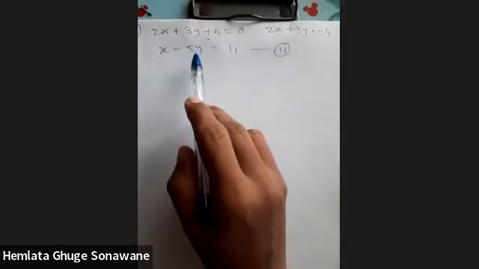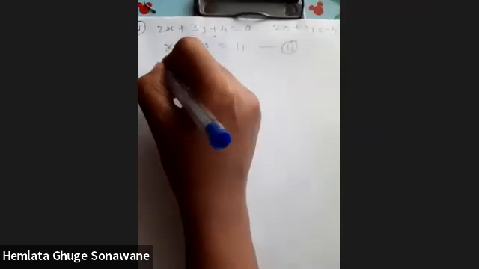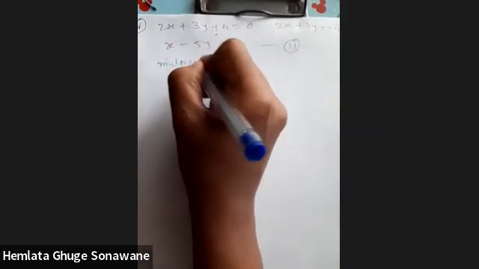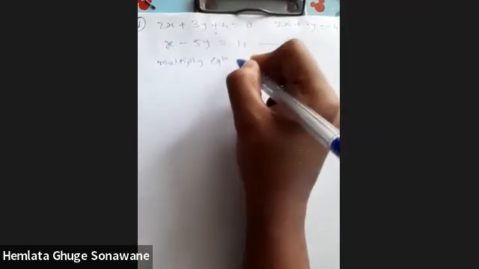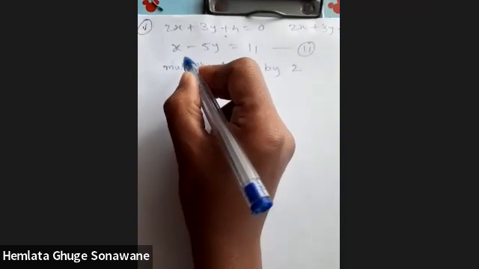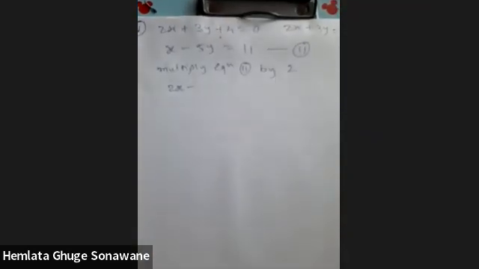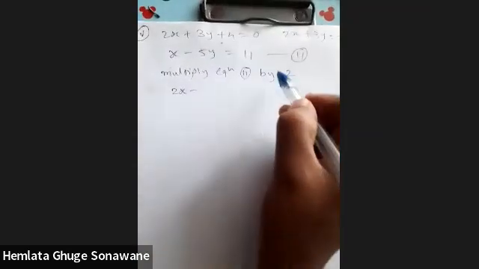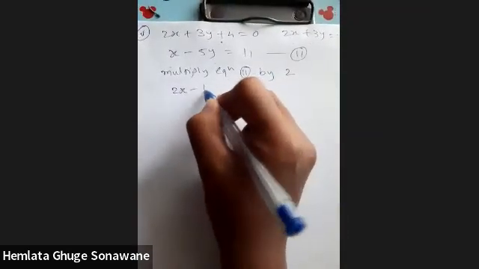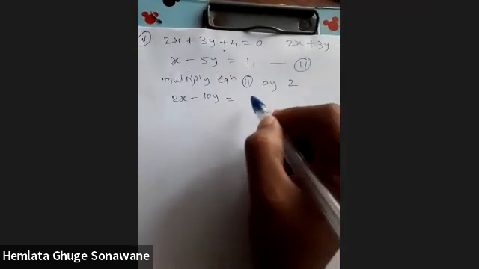Okay, now we'll multiply equation 2 by 2. So it becomes 2x minus 5y into 2 becomes 10y is equal to 11 into 2 is 22.